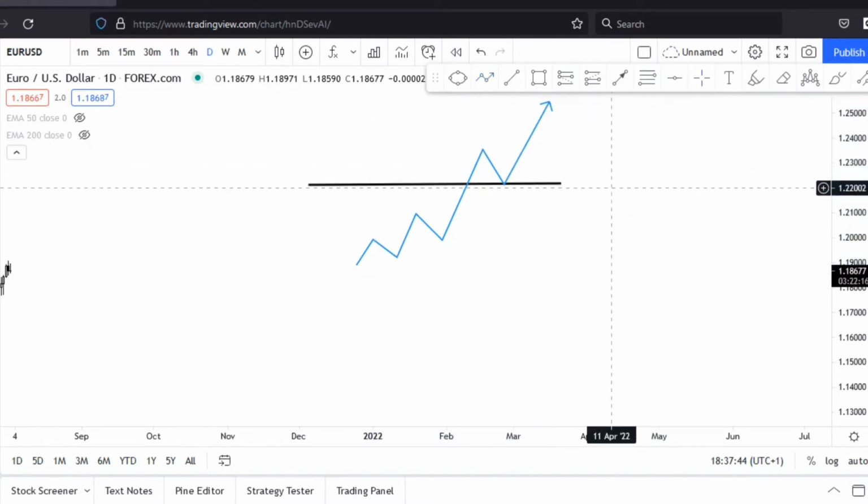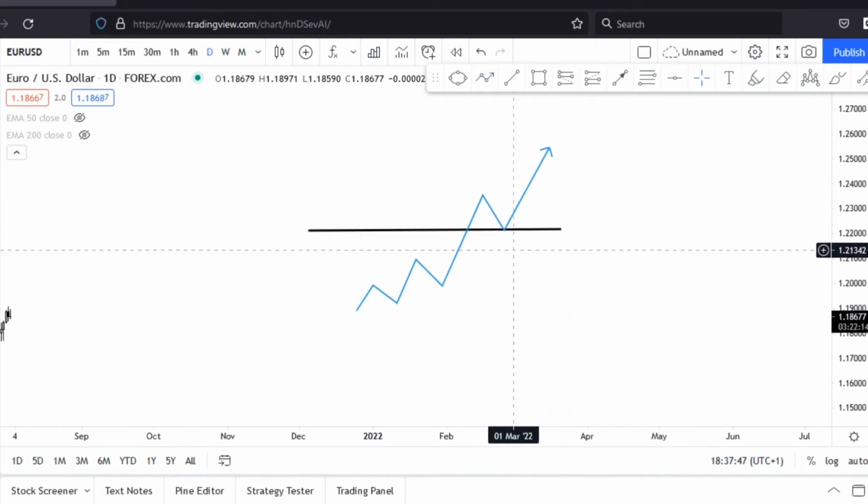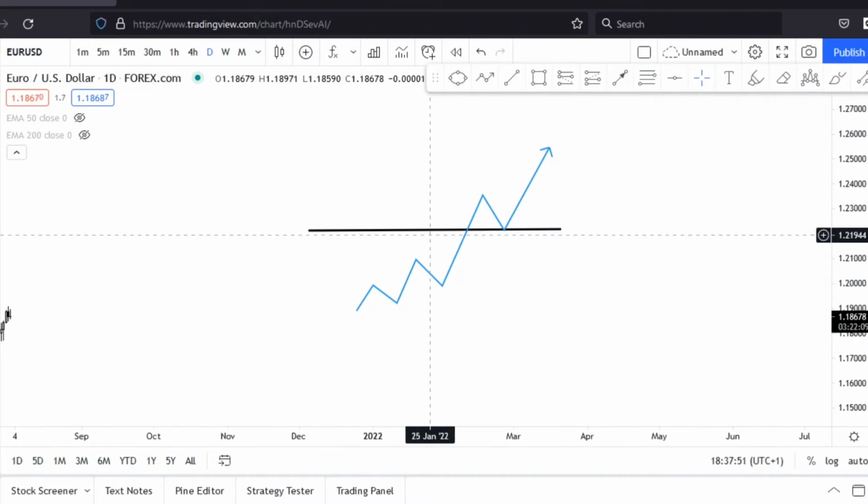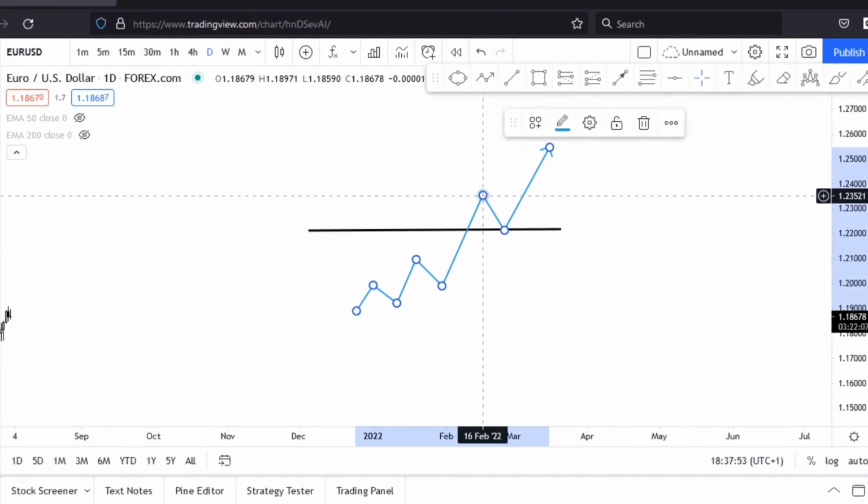Okay, so that's basically the break and retest of this resistance level, and the same thing can apply when it comes to a support level as well.